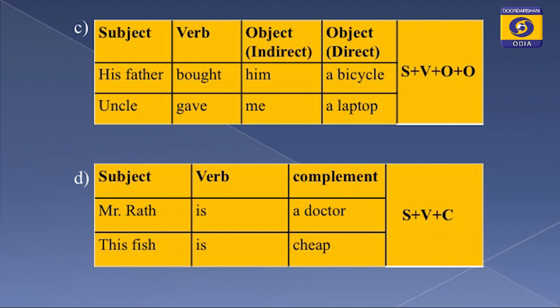Here the fish is the subject, is is the verb, cheap is the complement. If I say the fish is, you cannot understand anything because this is an incomplete sentence. But if I say the fish is an aquatic animal, then you can understand. The fish is cheap, you can understand. So cheap is here the complement.